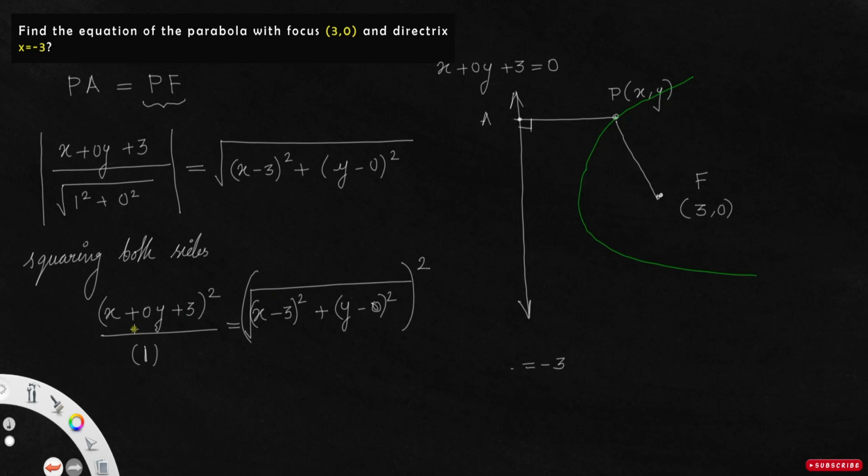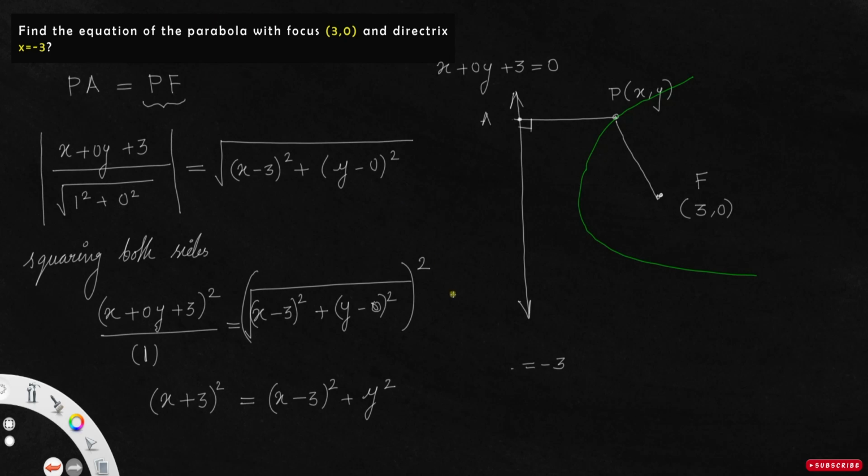I can write this one as x plus 3 whole square itself. No need to write the denominator because if the denominator is 1, there is no change in the fraction. So this square and root will get cancelled, and this will be x minus 3 whole square plus y square itself.